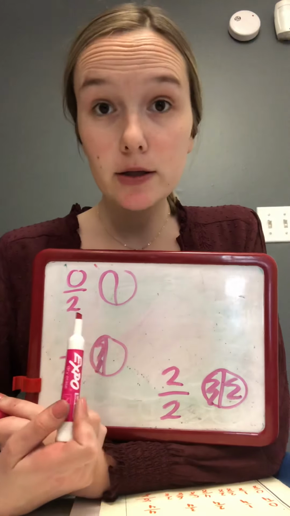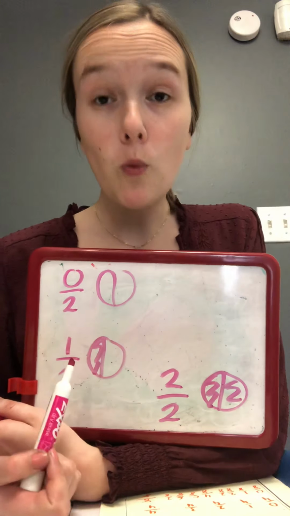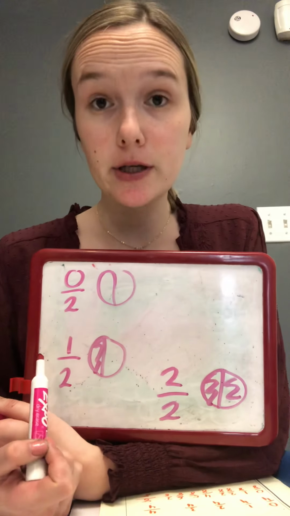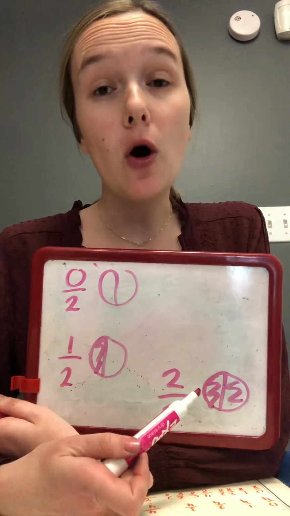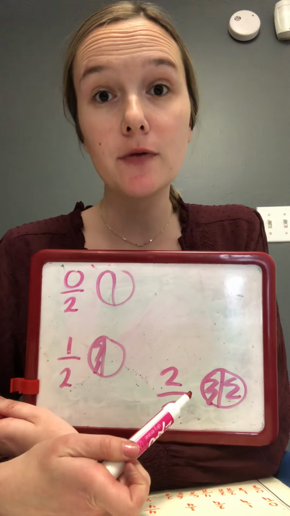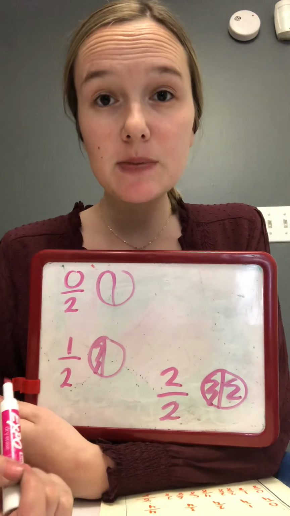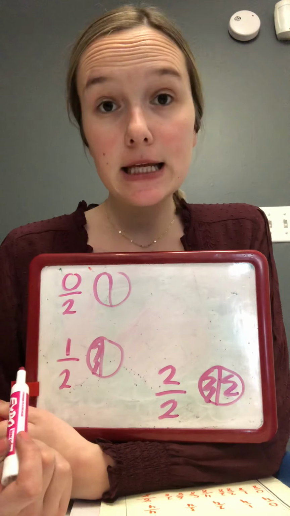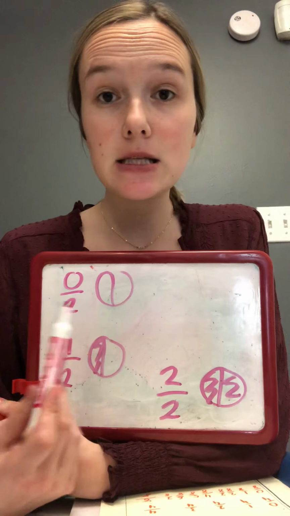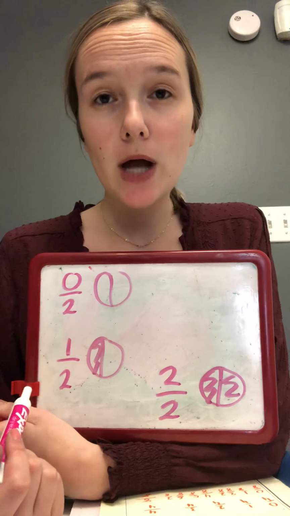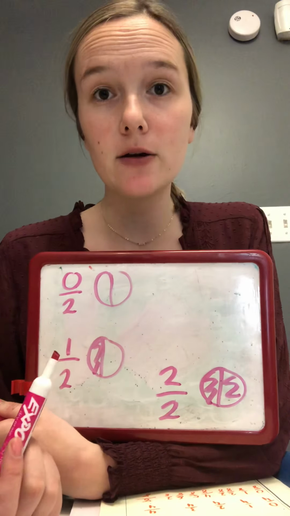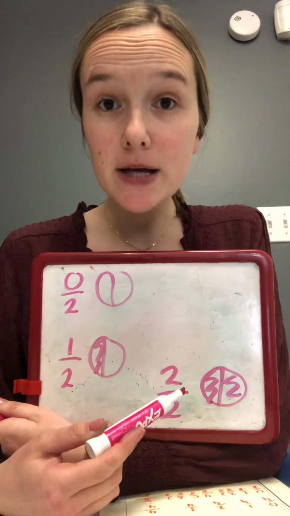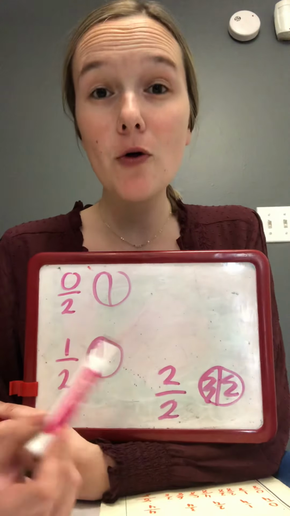But none are colored in for 0 out of 2. 1 is colored in, half is colored in for 1 out of 2, and the whole thing is covered in for 2 out of 2. So the smallest one that doesn't have anything shaded would be 0 out of 2 because nothing here is shaded. What would come next is half because 1 out of 2 is shaded. And the biggest one would be the whole because the whole thing is shaded, 2 out of 2.